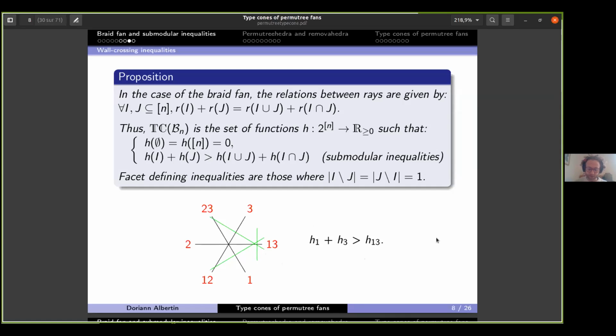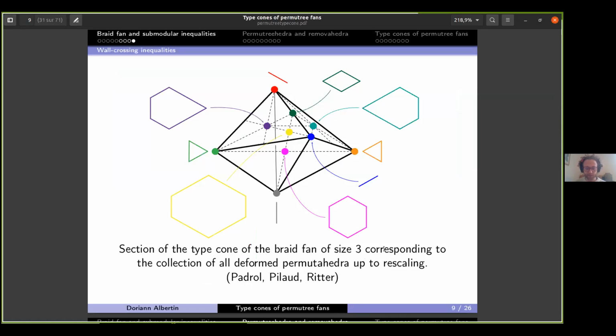To finish with this part, I'd like to show you a real nice picture from the Shard polytope article of Padrol, Pilaud, and Ritter, where we see a section of the type cone of the braid fan for n equal 3, which is nice enough to live in dimension 3. So the section of the type cone is actually the interior of this polytope, where everything looks like a sort of hexagon with various shapes.